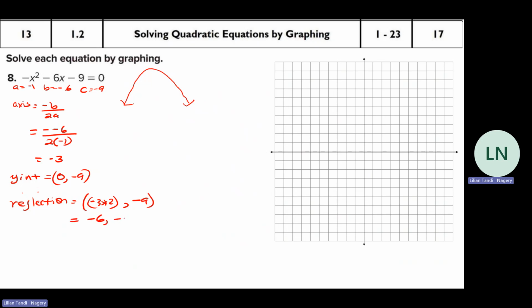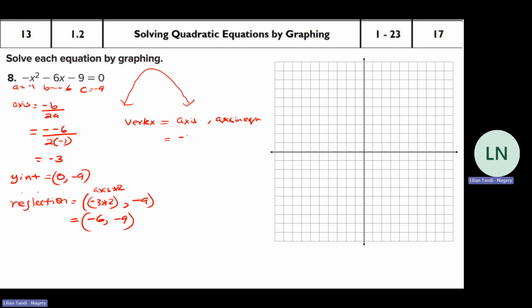So (-6, -9). Remember, axis times 2 gives you the x of the reflection. Let's do vertex. Vertex will be axis and axis in the equation.